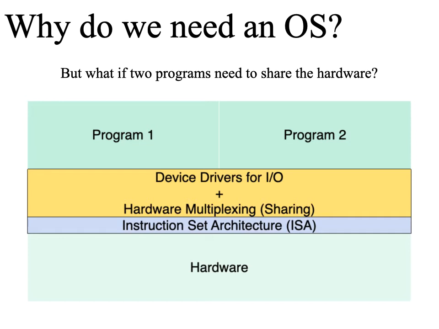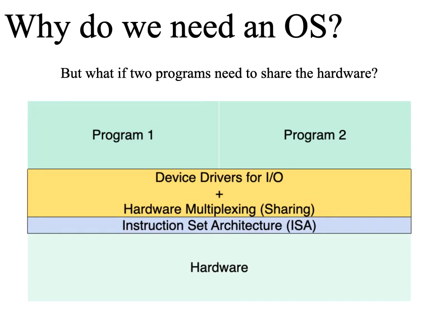So the question is, do we just rely on these programs to be nice to each other, or do we want some other additional piece of software to arbitrate between these two to have them executing nicely without interfering with each other? So now, we can add some additional software for multiplexing, for hardware multiplexing, or in other words, hardware sharing.